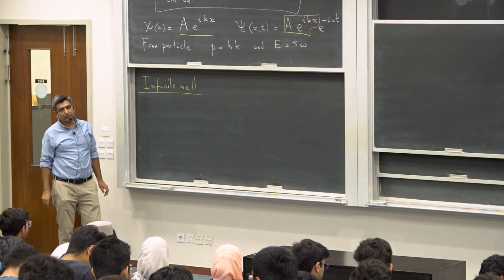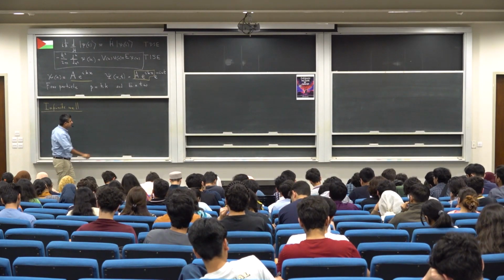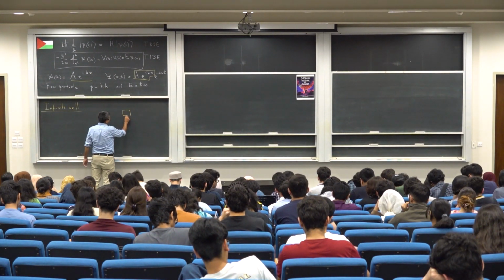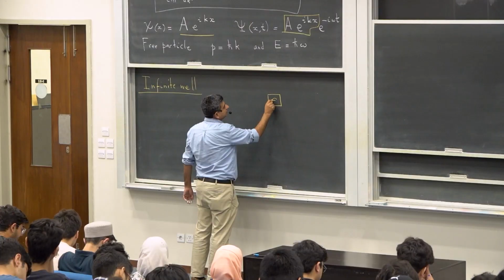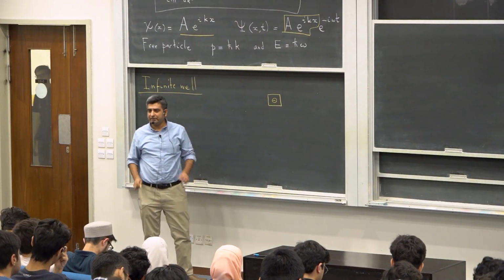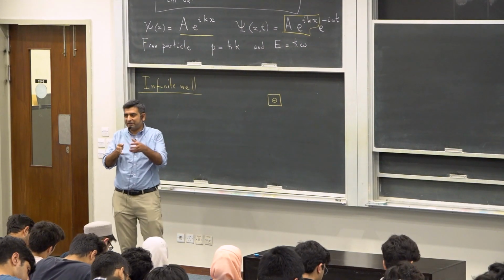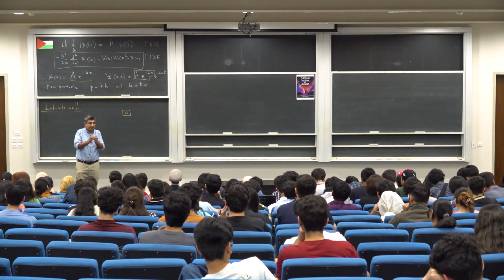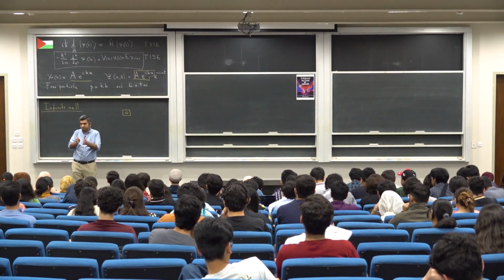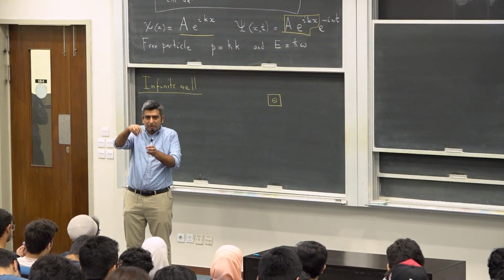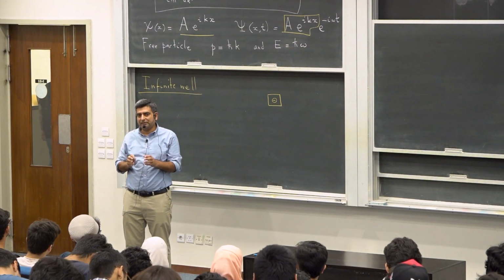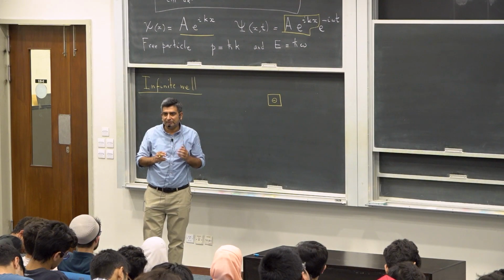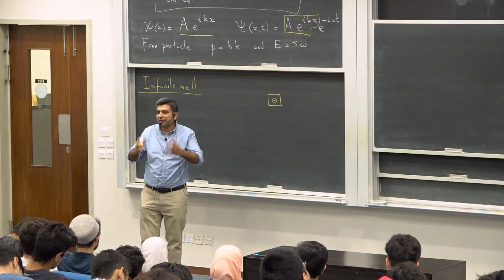Now, what is an infinite well? Suppose I have an electron, just one electron in an island of material, a small piece of nanometer sized material, which is called a quantum dot. I put that electron on that quantum dot, and the quantum dot is so small that it can only harbor a single electron.